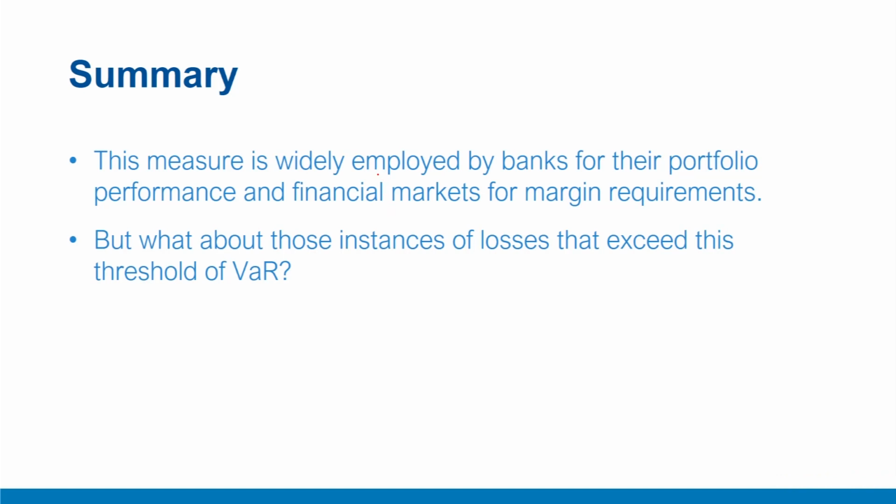However, we noted that there can be instances that will go beyond this VAR level, extreme loss events, and therefore we need a slightly more accurate and efficient measure to handle those extreme situations that go beyond the value at risk measure. In the next video, we'll discuss one such measure, which is called conditional VAR or CVAR or expected loss.